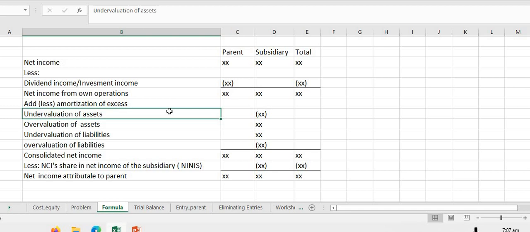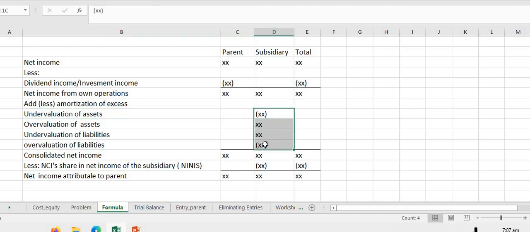Any difference between the fair values and the book values of the assets and liabilities of the subsidiary that existed at the date of acquisition shall be amortized, and of course it shall be deducted from the net income from own operations of the subsidiary.